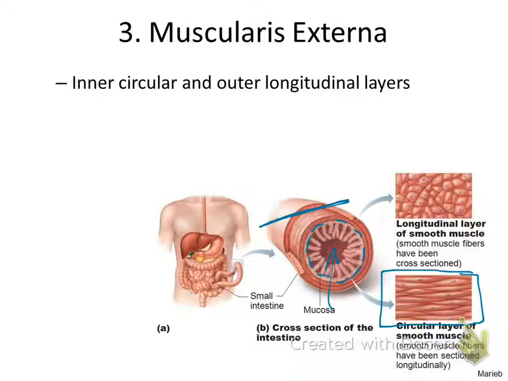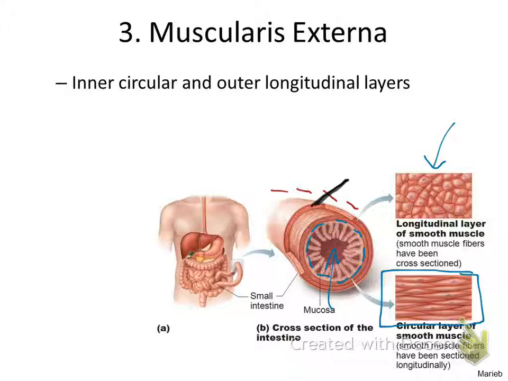Notice when we do that same cross section, if we look at the longitudinal layer, well, that doesn't look like smooth muscle at all. It looks kind of like pebbles. Well, that's because those cells are lined up end to end along the length of the organ. So when we did that cut, we cut through the middle of those cells, and now we're looking down into where we cut.